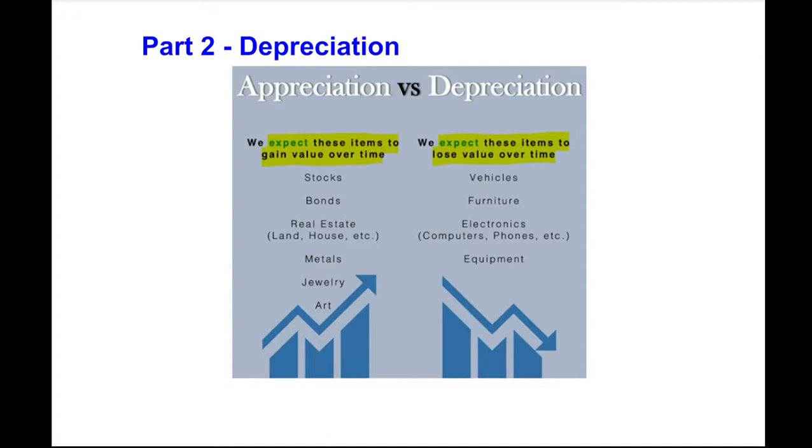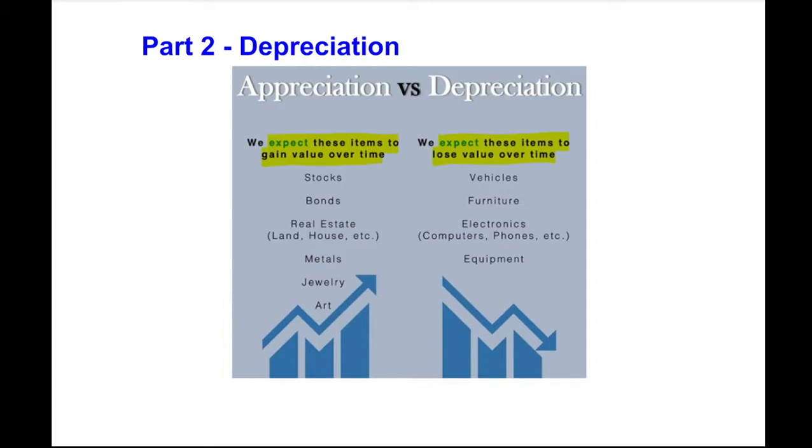Electronics, such as computers, phones, etc., because technology is constantly changing, you can see things such as an iPhone. Over the years, the older models don't have the same value. You're not going to be able to sell an iPhone 7 for the same price as an iPhone 13, right?